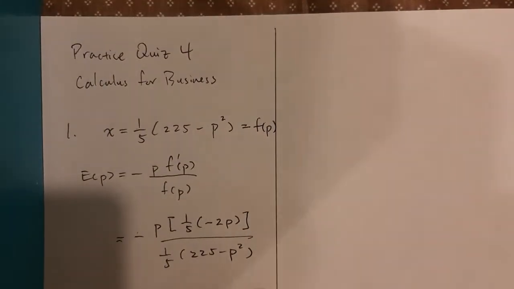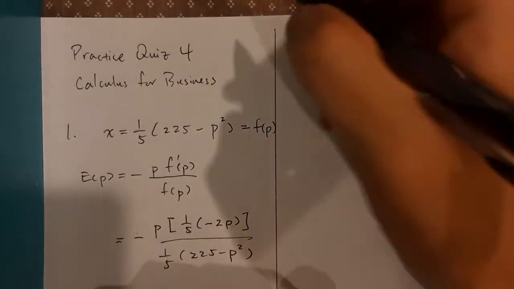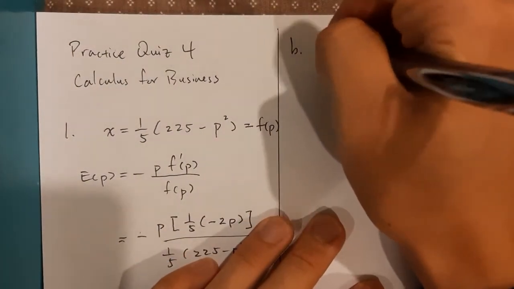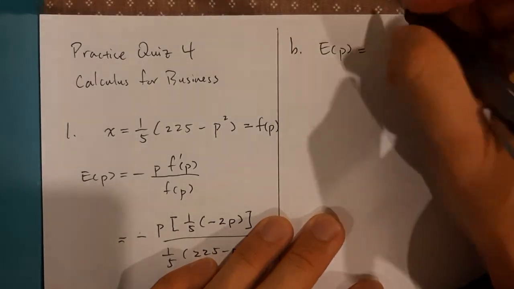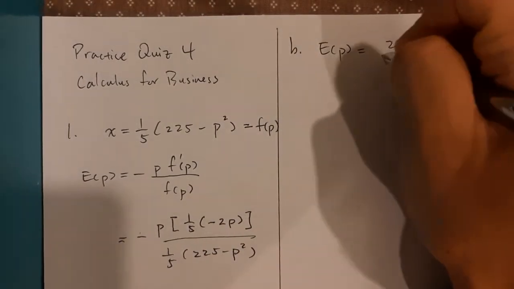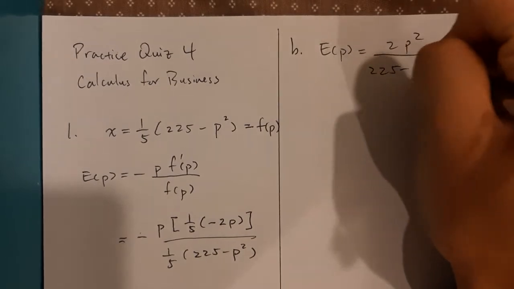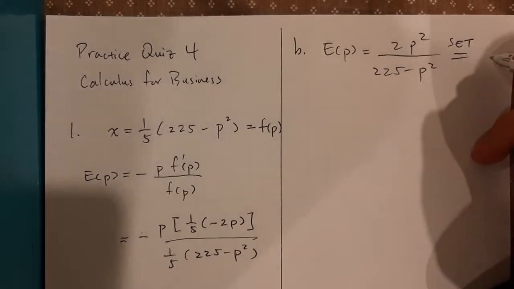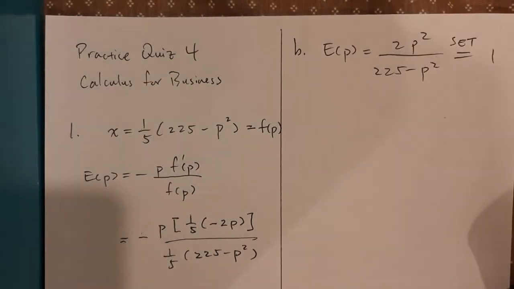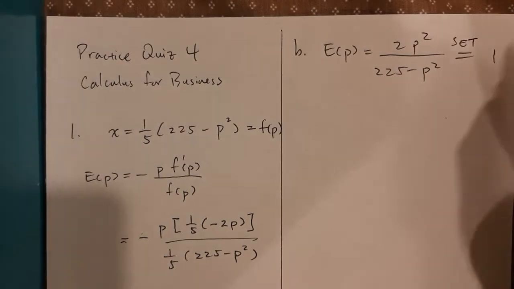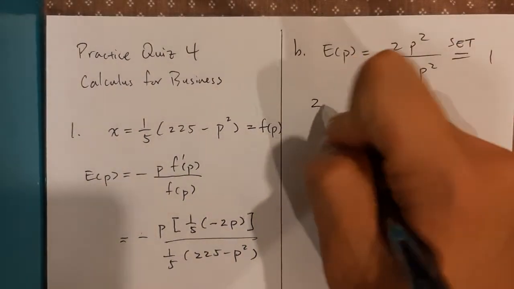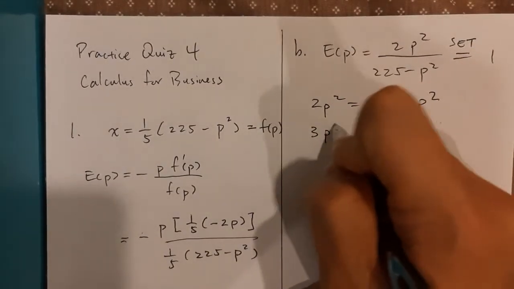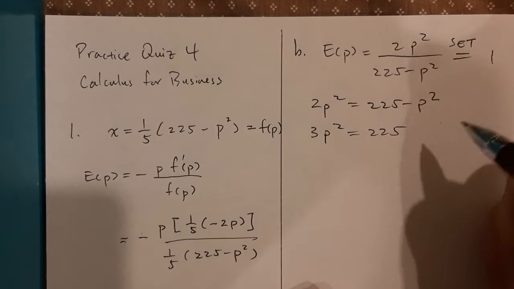So part B, when is the demand unitary? So we need to take E of P, which was 2P squared over 225 minus P squared, and we're going to set it equal to 1 for unitary. So if we solve it, we got 2P squared equals 225 minus P squared. 3P squared equals 225.